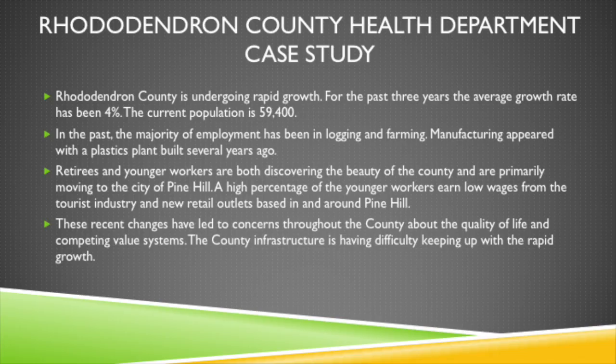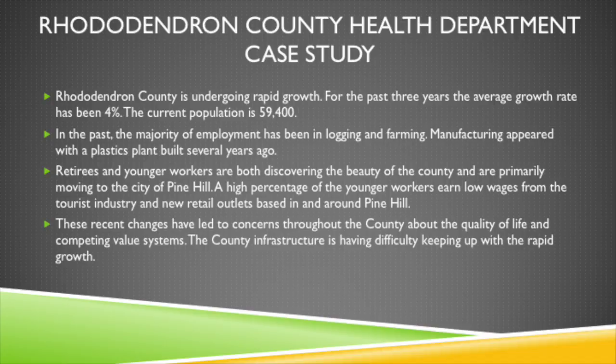In the second case study, which focuses on Rhododendron County Health Department, it was facing a challenging time in trying to balance the need for change and a focus on population-based services with financial and political reality of public health on the local level. Over the past several decades, the population was also growing, and it was having some challenges in meeting these needs.